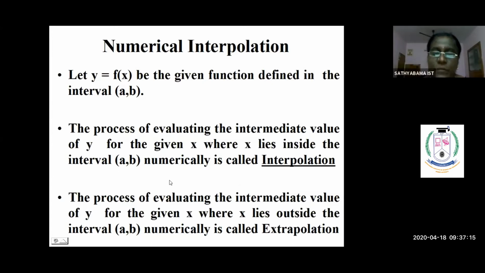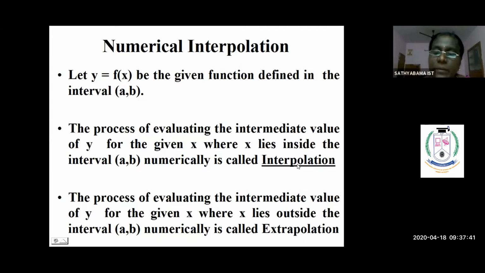In a similar way, the process of evaluating the value of y for the given x, where x lies outside the interval a comma b numerically, is called extrapolation. Based on these 2 definitions, we are going to work further.